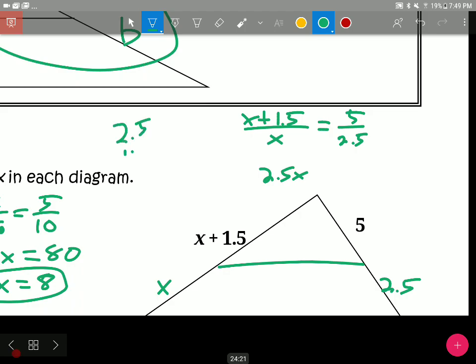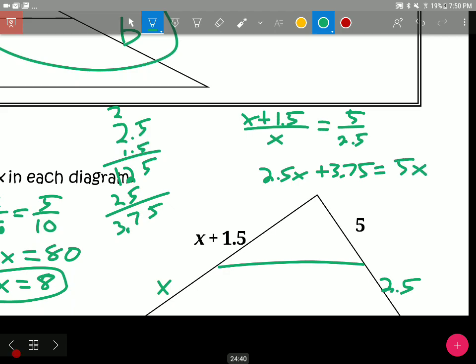That's 3.75. So 3.75 plus 2.5x equals 5x. Subtract 2.5x: 3.75 equals 2.5x. So 3.75 over 2.5 equals x.